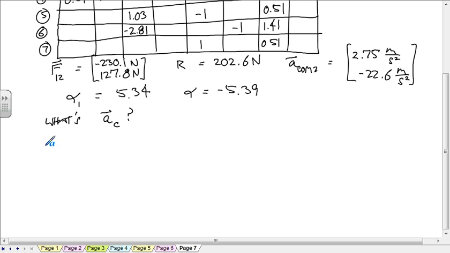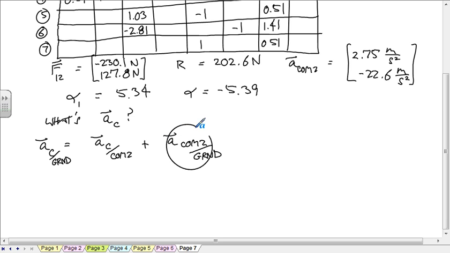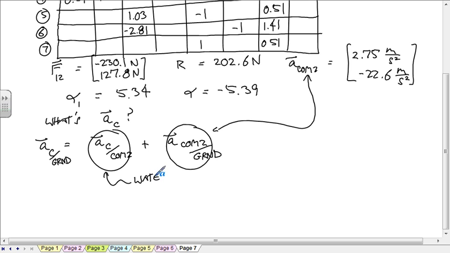Well, the acceleration at C relative to the ground is equal to the acceleration of C relative to the center of mass of 2 plus the acceleration of the center of mass of 2 relative to the ground. This one is easy. This one is from the watermelon equation.